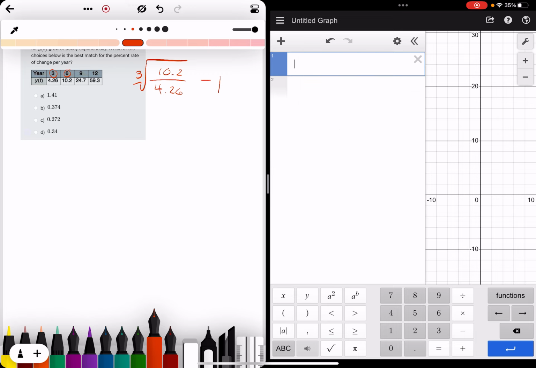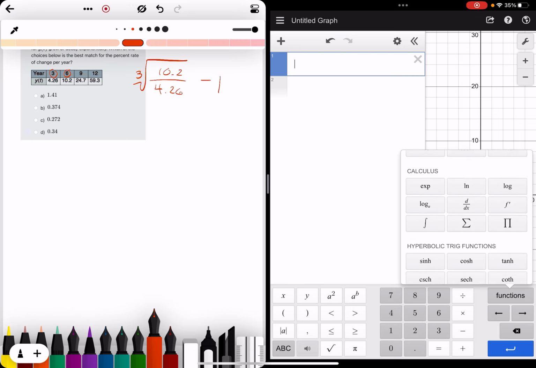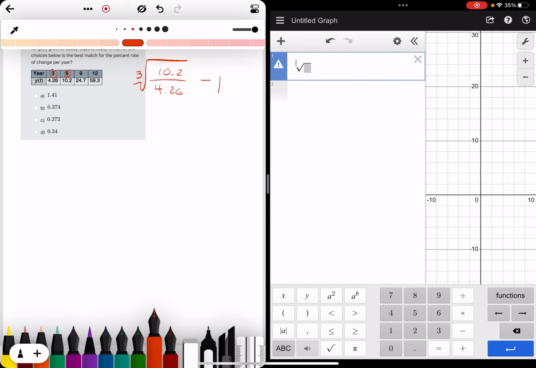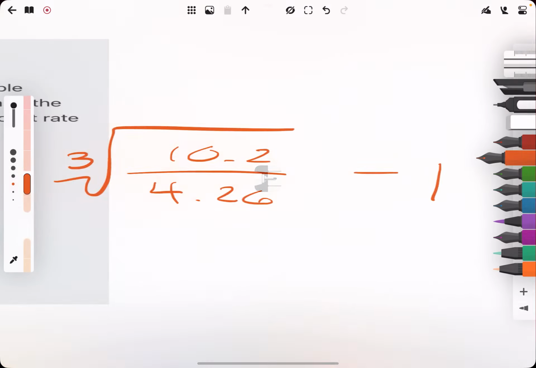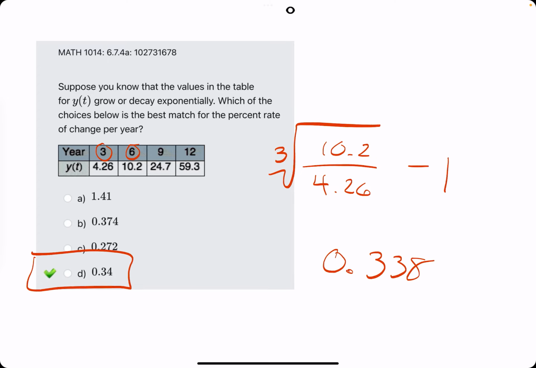We'll use a cube root of 10.2 divided by 4.26. And again, we subtract 1, so we get about 0.338, which rounds to about 0.34, and we're done.